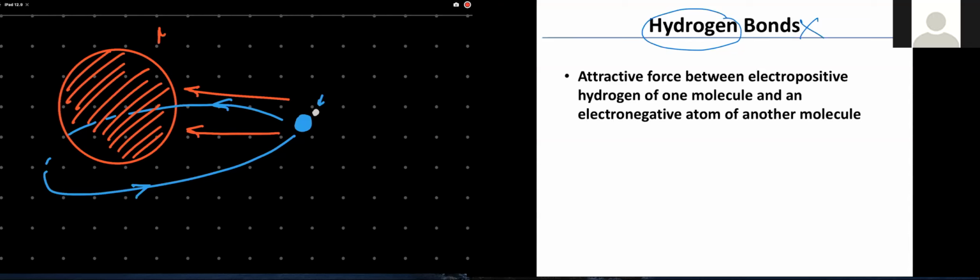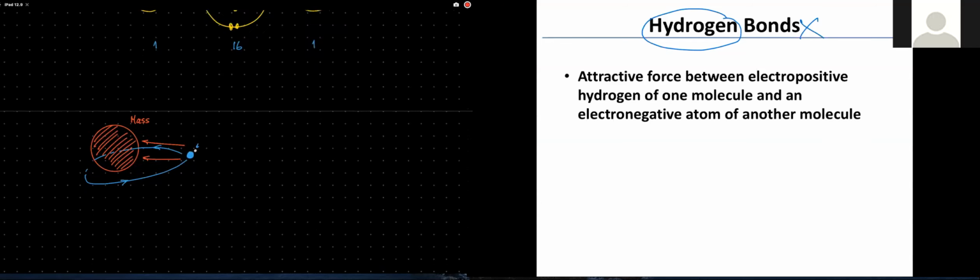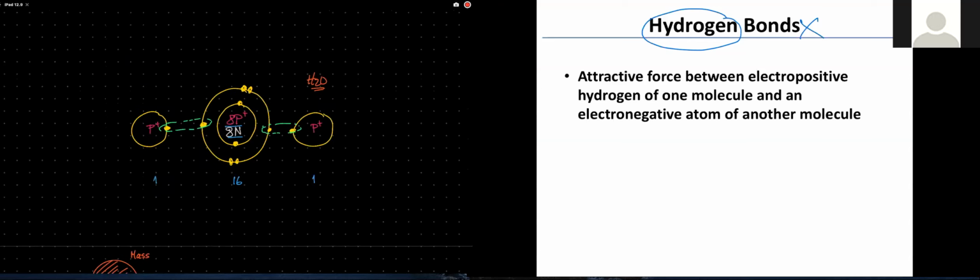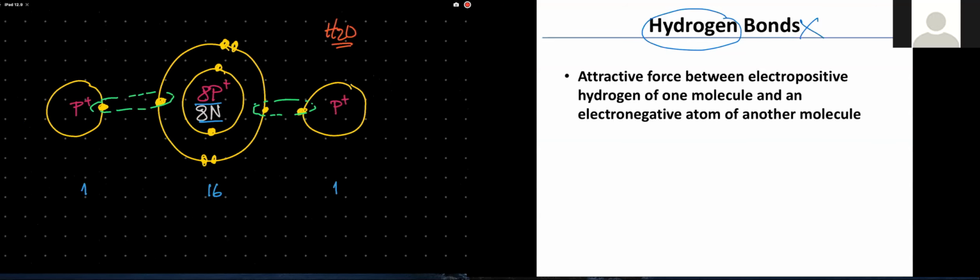Higher mass means higher attraction. So looking back at the water here, this is my oxygen. I have a mass number of 16, compared to the hydrogen, which has a mass number of 1.